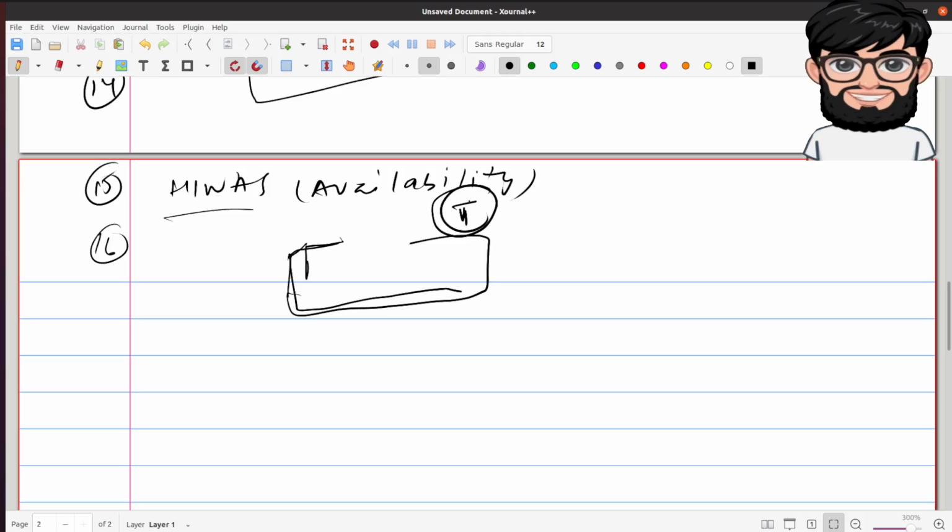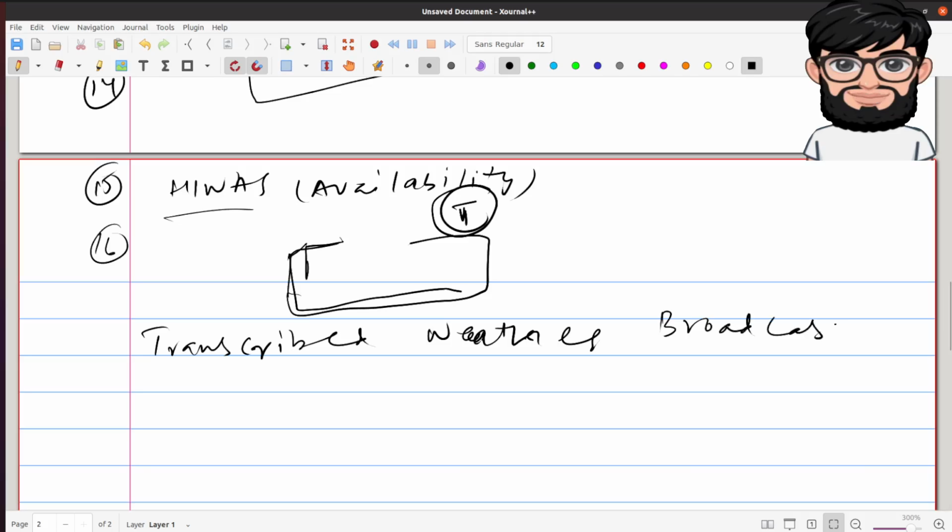It's only in Alaska, and what it means is that it has a transcribed weather broadcast. So you have a transcribed weather broadcast available. This is also known as T-web. It is a continuous recording of meteorological and aeronautical information that is broadcast for the pilots.